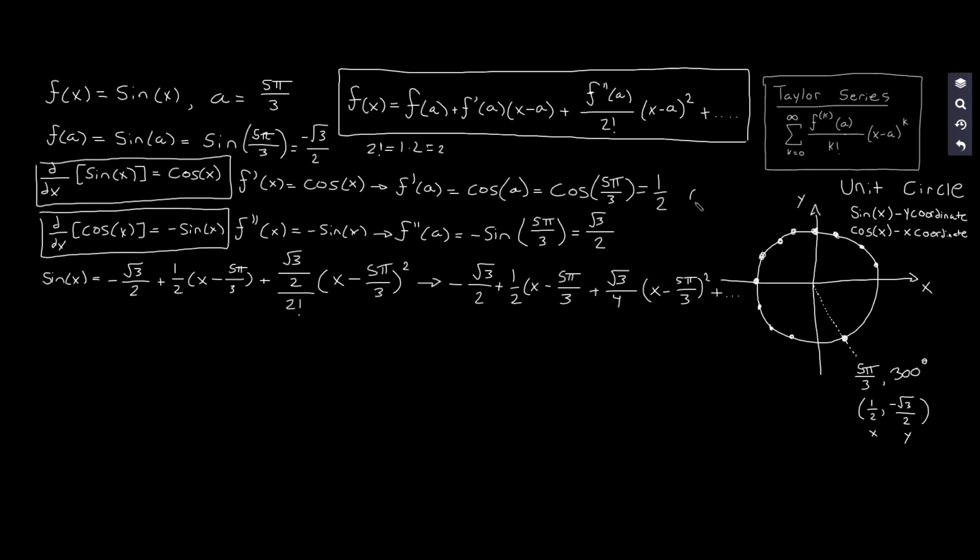Can I write out a little formula here? Let's see. C sub k equals f, the kth derivative of a, so in this case 5 pi over 3, and this is going to be over k factorial.